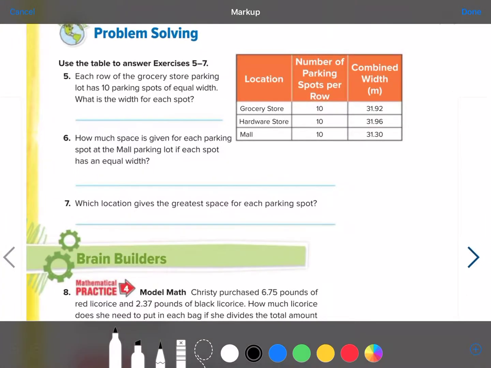Number 5, each row of the grocery store parking lot has 10 parking spots of equal width. What is the width of each spot? Okay, so we're talking about the grocery store, which is right there. And here is our spot. So now, this whole chapter we've been doing division. So you can probably assume they want us to divide.